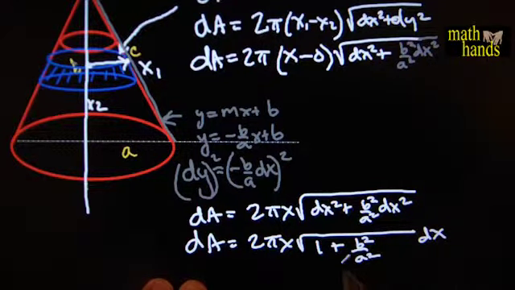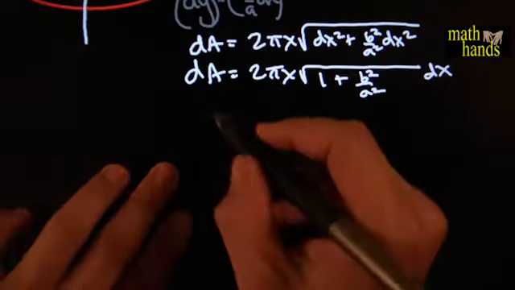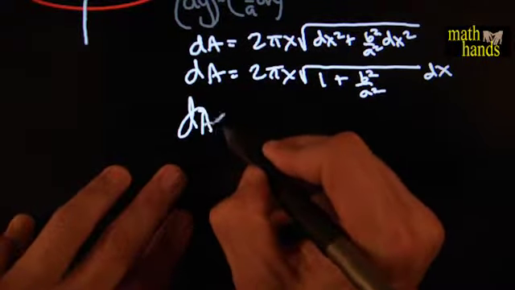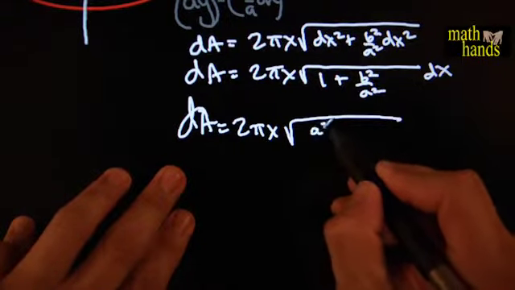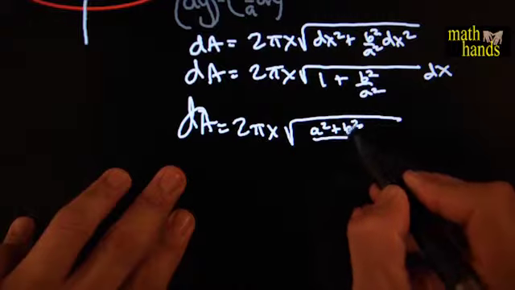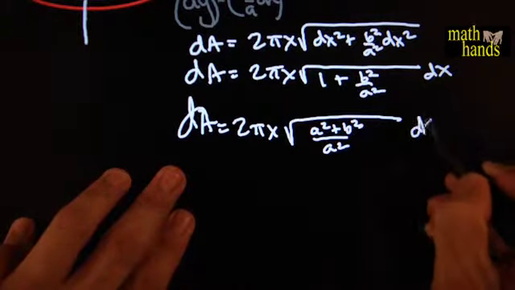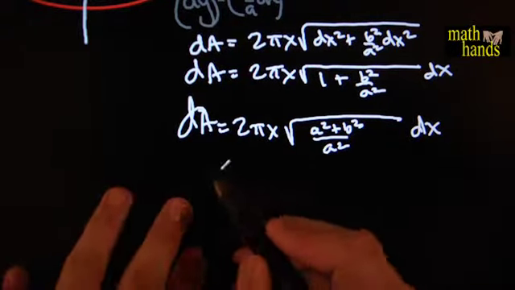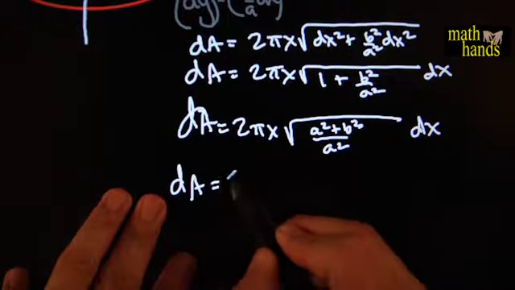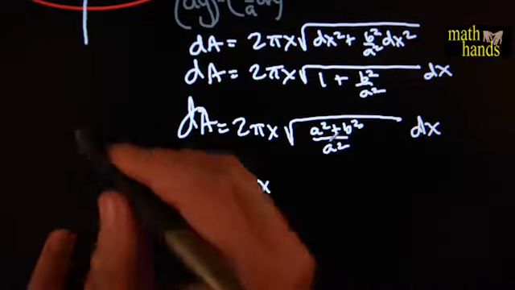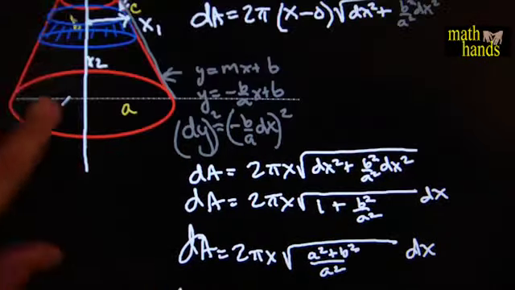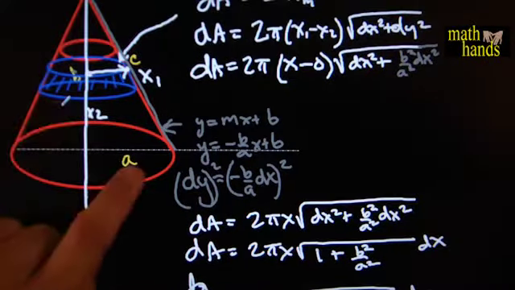And I think I cleaned that up, right? I need to extend this page though. Easy, Bella. So dA would be equal to 2 pi x square root of a squared plus b squared all over a squared dx. Keep in mind that this was a right triangle where this is a squared and this is b squared.